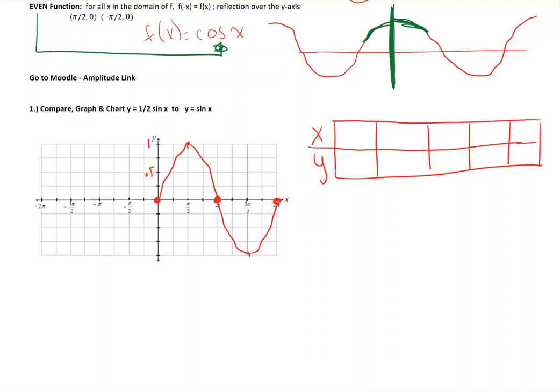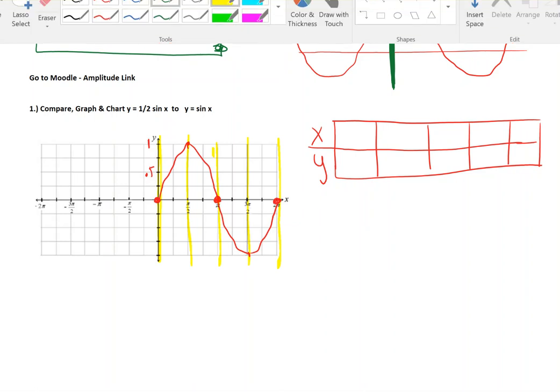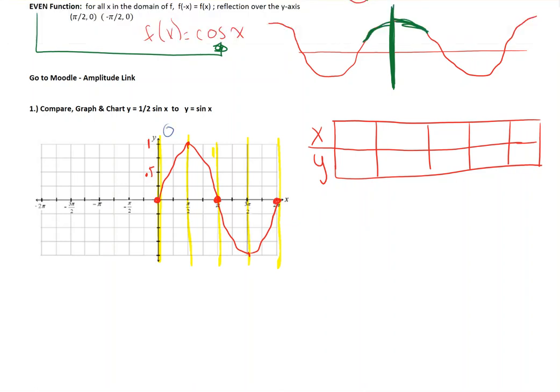I want you to see something. There are really 4 different sections: 1, 2, 3, and 4. We talked about this earlier, how it refers to quadrant 1, quadrant 2, quadrant 3, and finally quadrant 4.